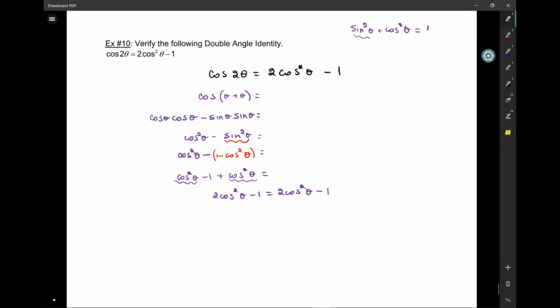So that's where the double angle identity came from. It's not like somebody went fishing and this is what they fished out of the pond. People just came up with this, and it's nothing mysterious. You just use one identity to plug into another identity.